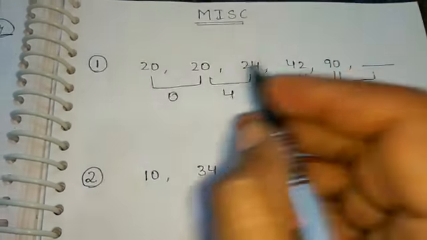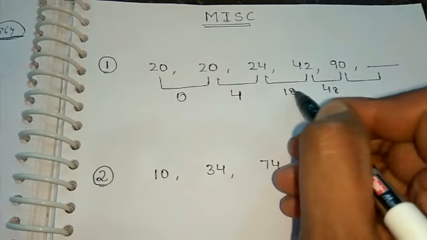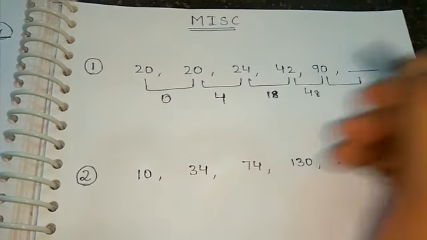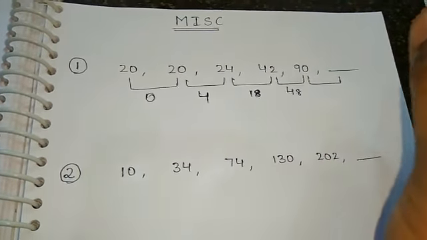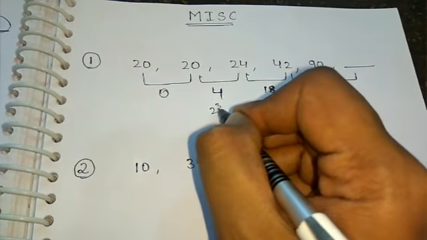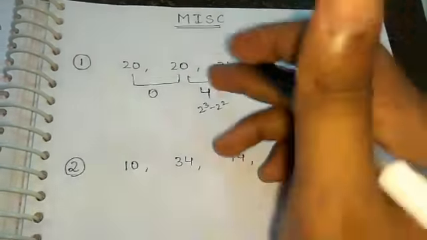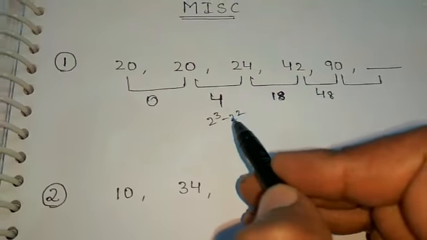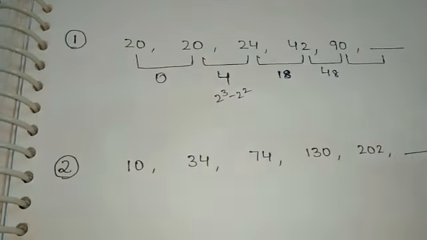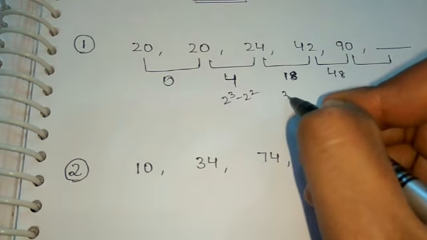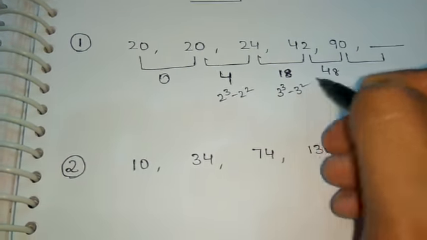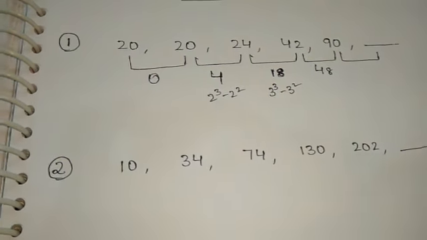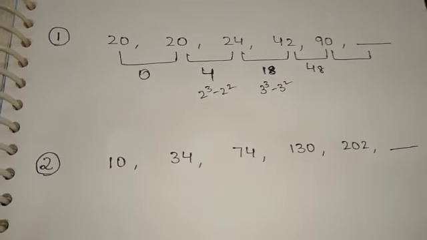Whenever you find 4 and 18 numbers, you should come to know only one thing: 2 cube minus 2 square is 4. There is a possibility that they are doing this, that is 2 cube minus 2 square. So 18 is 3 cube minus 3 square: 3 cube 27 minus 9 is 18.